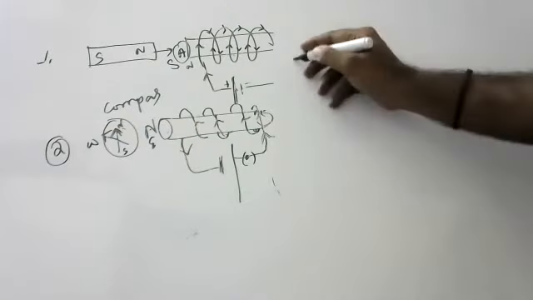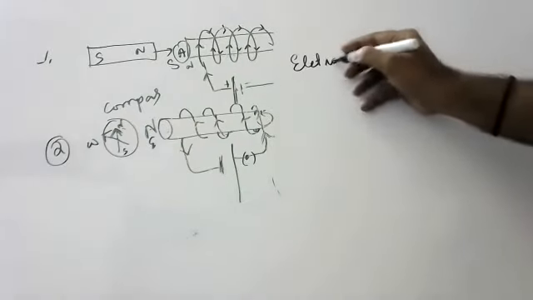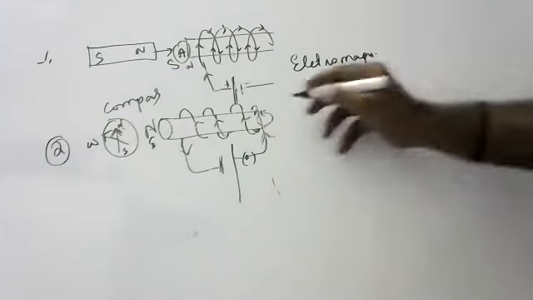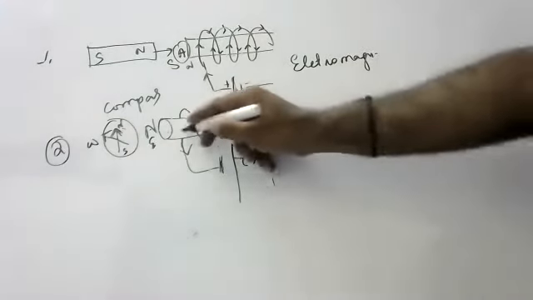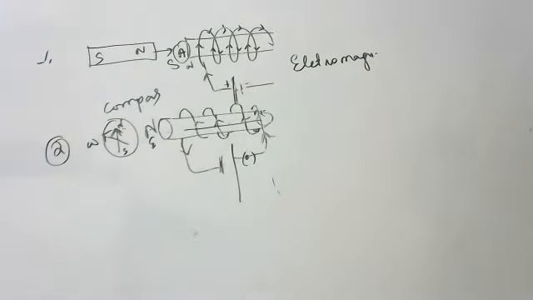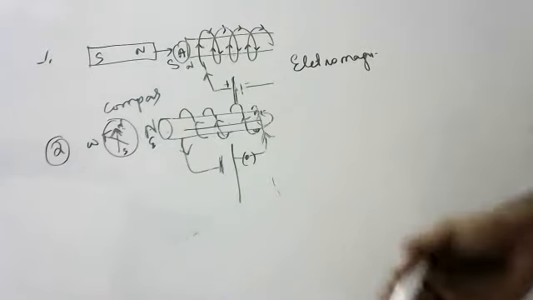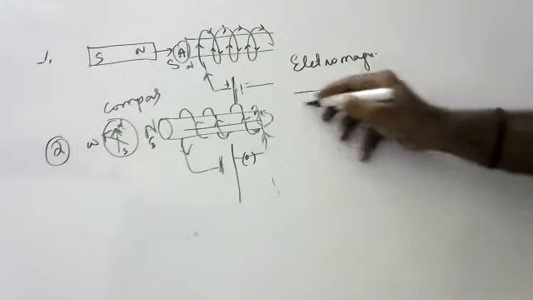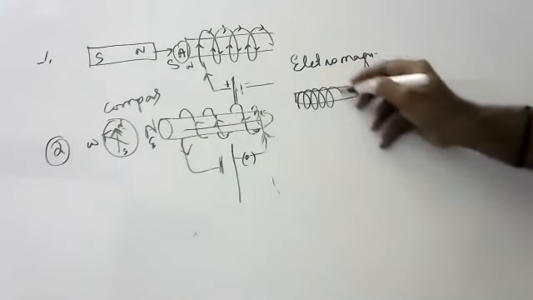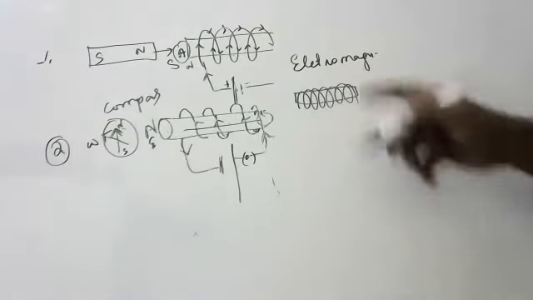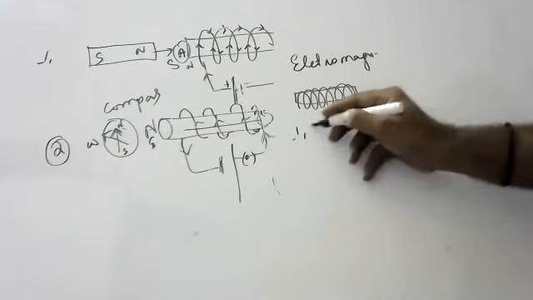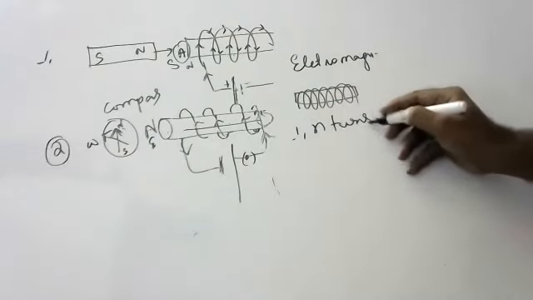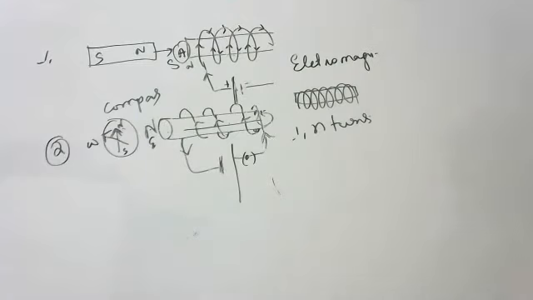State two ways by which electromagnet strength can be increased. This is an electromagnet. How can we increase its strength, children? If anyone asks how to increase the strength of an electromagnet in a solenoid, these are called turns. The more turns you keep, the stronger the electromagnet will become.